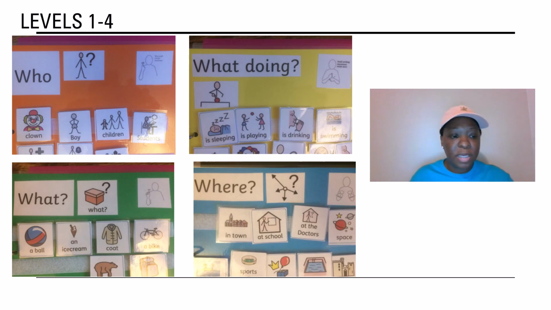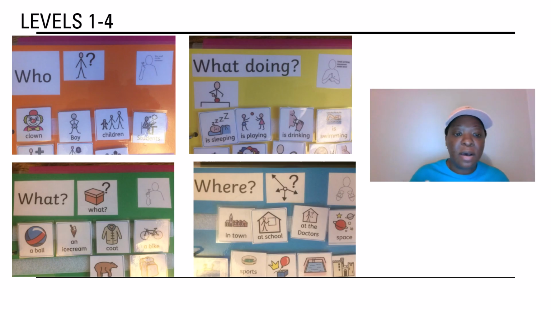Once they make a choice, depending on if they're correct or if they need a little bit of assistance in modeling, we would do that as well. We would also move to level three, the what. What do they have? What are they holding? What are they drinking? Again, it just depends on the child's level and what the sentence strip is demonstrating.